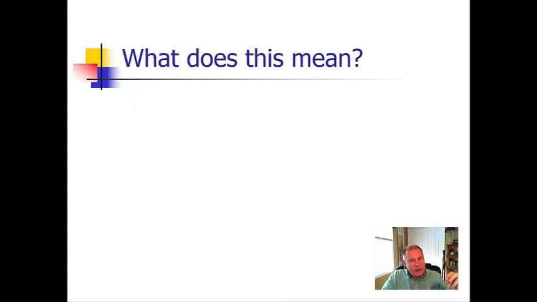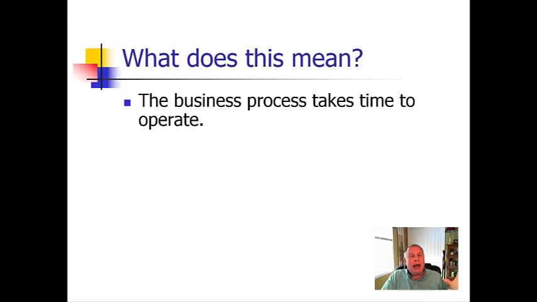Well, what does this mean? Think about this for a second. The business takes time to operate. Think about it first from the beans. You need to decide what to do with beans. Cash goes out, and cash is going to continue to go out until the very last step in the cycle.